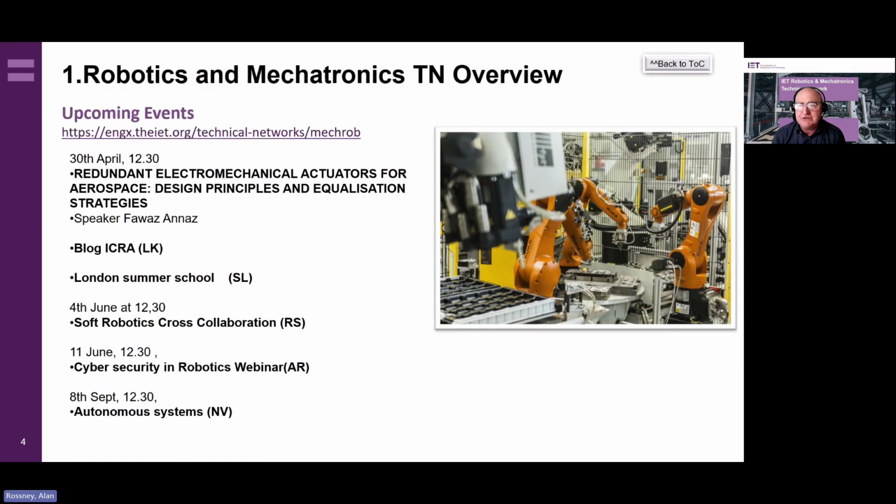On the 4th of June, we have a talk on soft robotics and cross collaborations. So Rob Skilton is helping with that. And then also in June, we have a talk on cybersecurity and robotics. And then in September, Nick Valentine is organising a talk on autonomous systems. So we have a bit lined up there, and you might be able to browse through it at that link above.